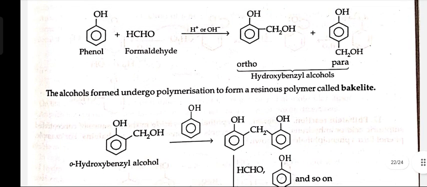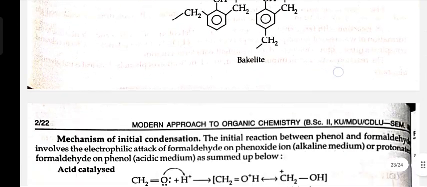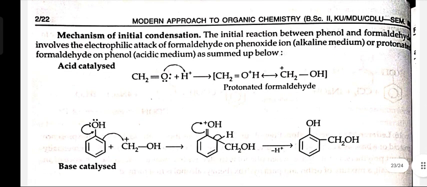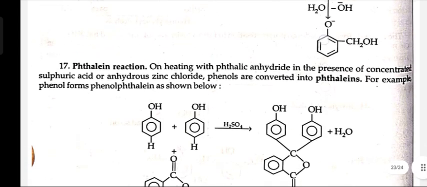The alcohols undergo polymerization to form a resinous polymer called bakelite. Mechanism of initial condensation. The initial reaction between phenol and formaldehyde involves the electrophilic attack of formaldehyde on the phenoxide ion, or of protonated formaldehyde on phenol, as summed up below.